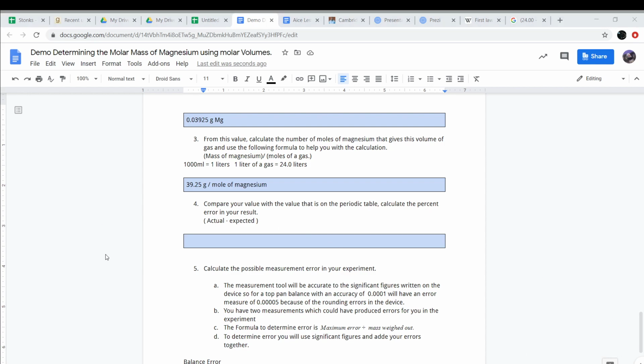Oh, excuse me, I misspoke here. I want you to discount what I just said. It should be the opposite here. It should be expected minus actual or experimental, divided by the accepted value or the expected value. And you can get those numbers from the table.